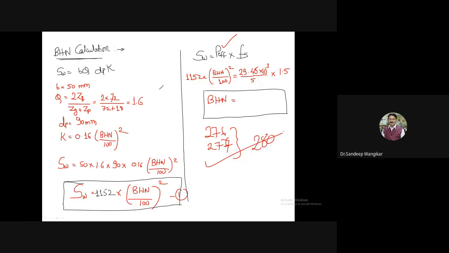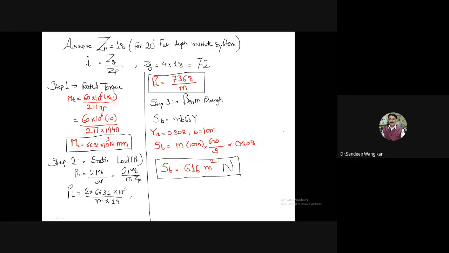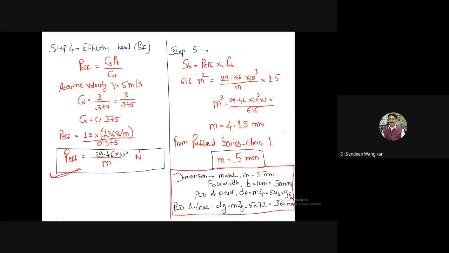In this way, we calculate the module if the power to be transmitted is given. Based on the first assumption data, we calculated the rated torque, then the static load in terms of module, then the beam strength in terms of module, then the effective load in terms of module.